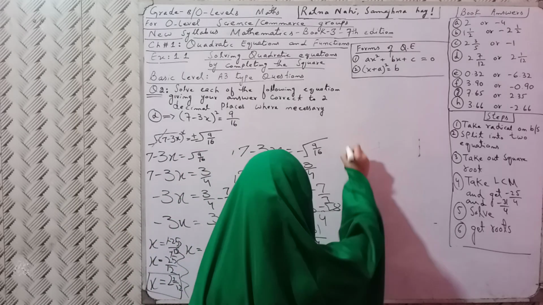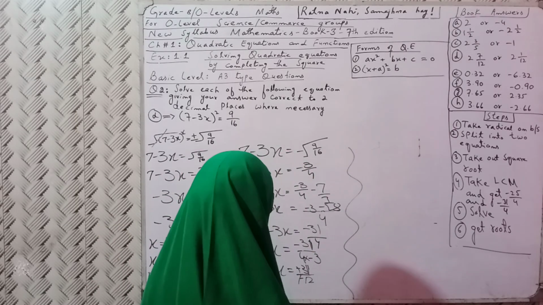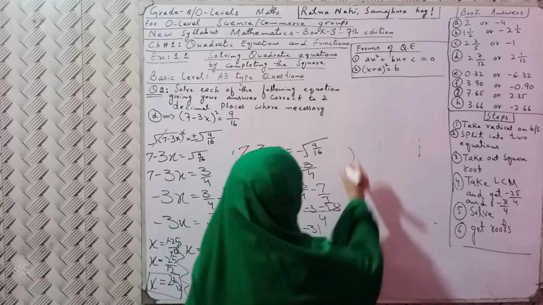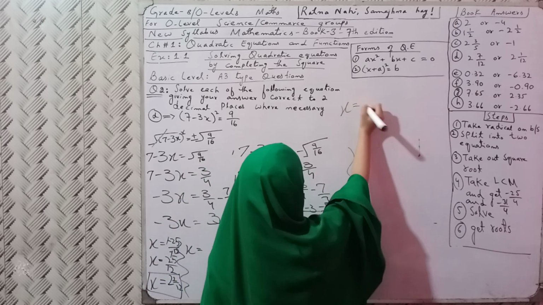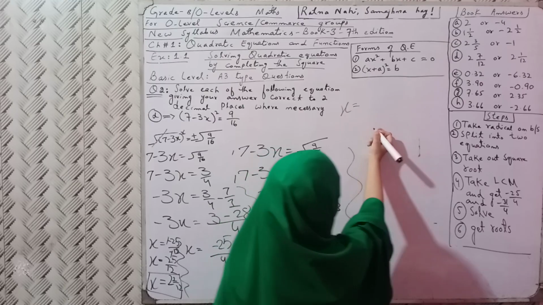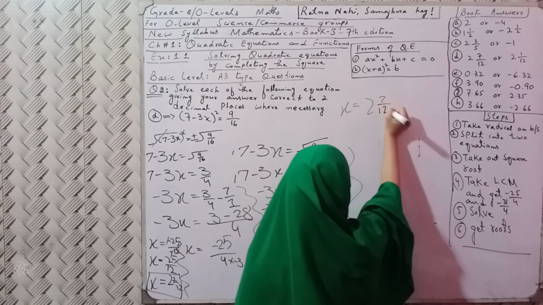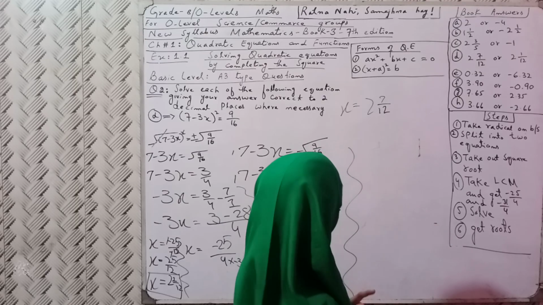Okay, so we have taken out x is equal to 2 7 upon 12 will become here, and then get roots.